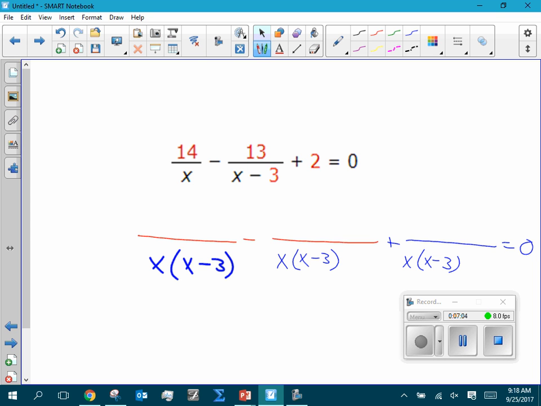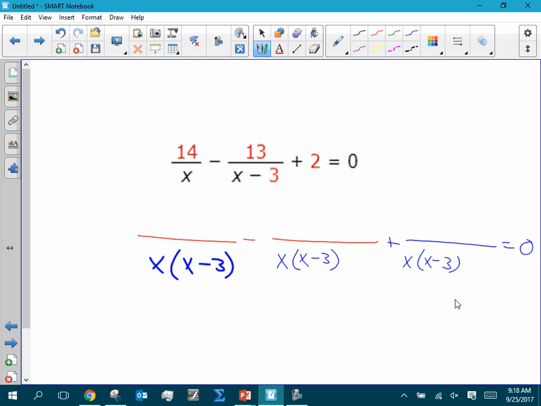Now on the right hand side, it's kind of trivial, maybe kind of silly to put x times x minus 3 on the bottom of the 0, right? Whatever that number turns out to be, 0 divided by it is going to be 0, right? So even though I don't write that x times x minus 3 over there, it is over there. So if this was like a 5, you would want to write the x times x minus 3 on the bottom. Okay.